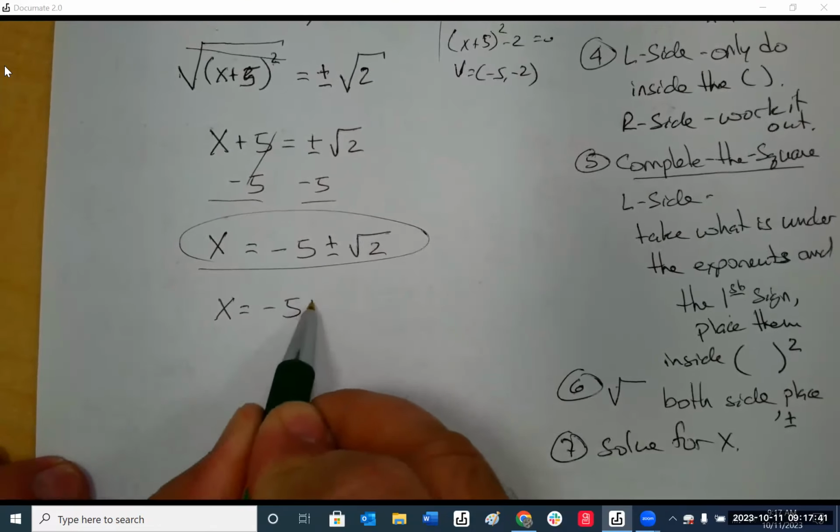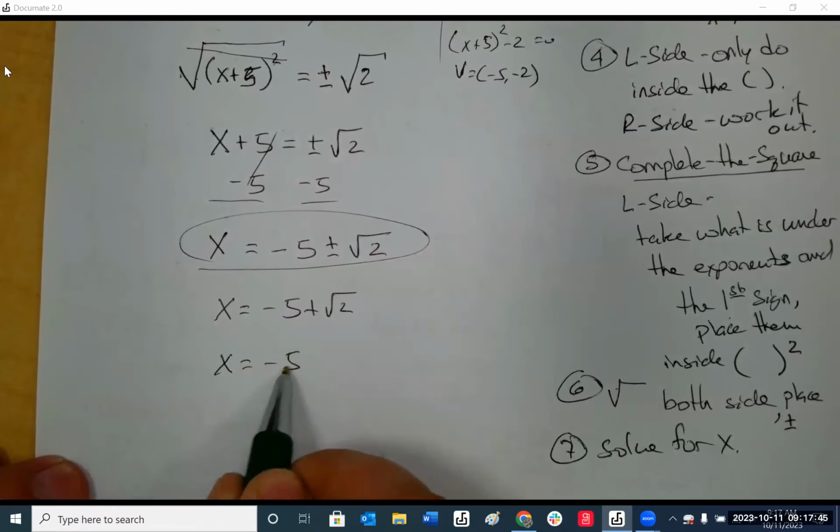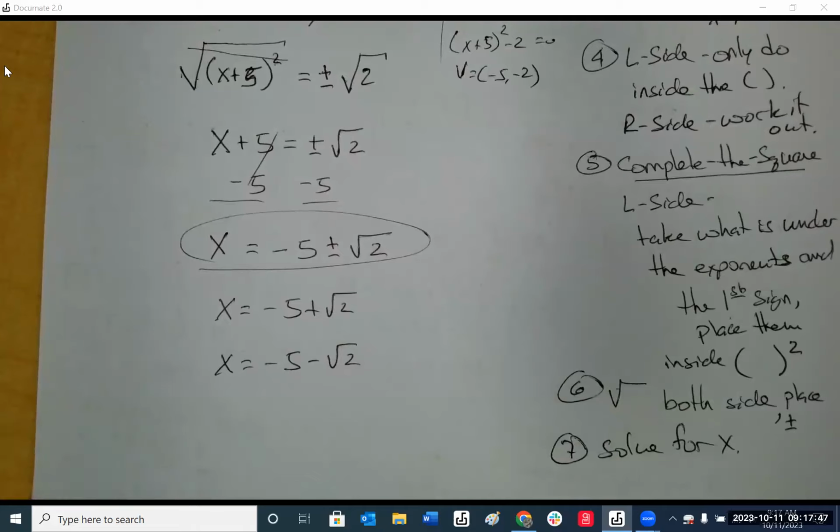It's negative 5 plus square root of 2, negative 5 minus square root of 2. Those are our two x-intercepts. Again, it's a whole process.